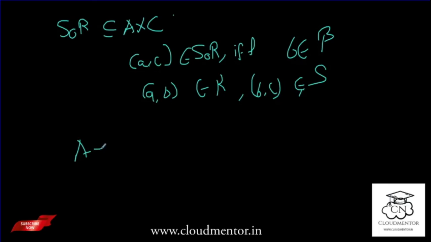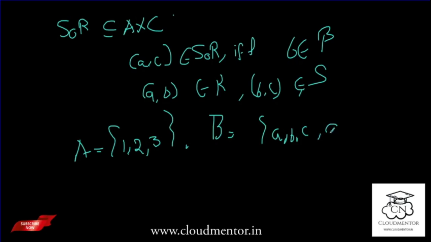For example, let A equal to the set {1, 2, 3}, and set B equal to the set {a, b, c, d}, and C equal to the set {alpha, beta, gamma}.